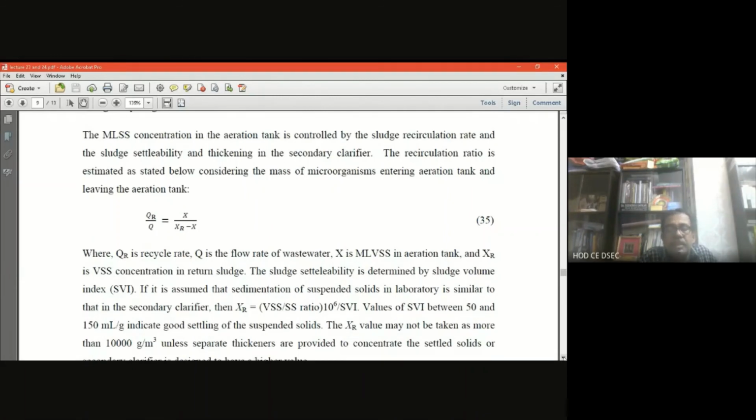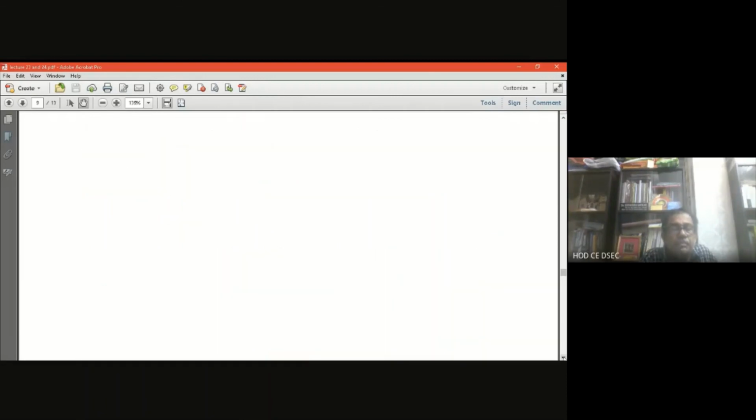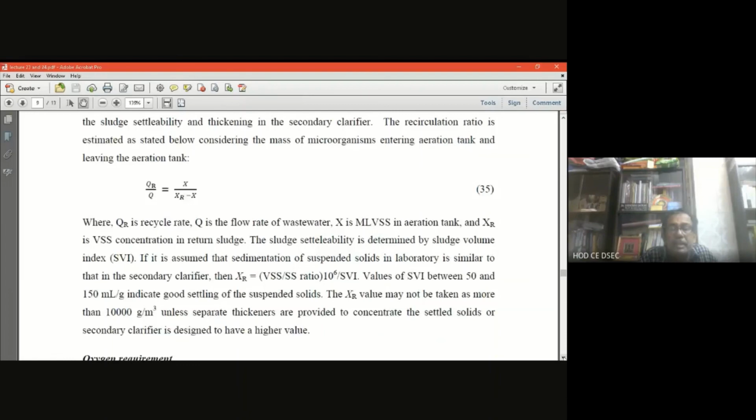Generally, the sludge volume index is between 50 to 150 milliliter per gram, that is volume per gram of solid. This indicates good settling of the suspended solids, and the XR value may not be taken as more than 10,000 gram per meter cube unless separate thickeners are provided to concentrate the settled solids or the secondary clarifier is designed to have a higher value.